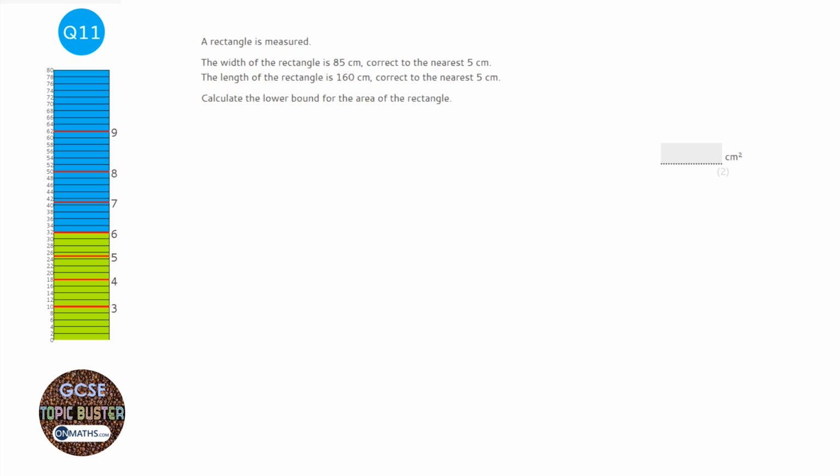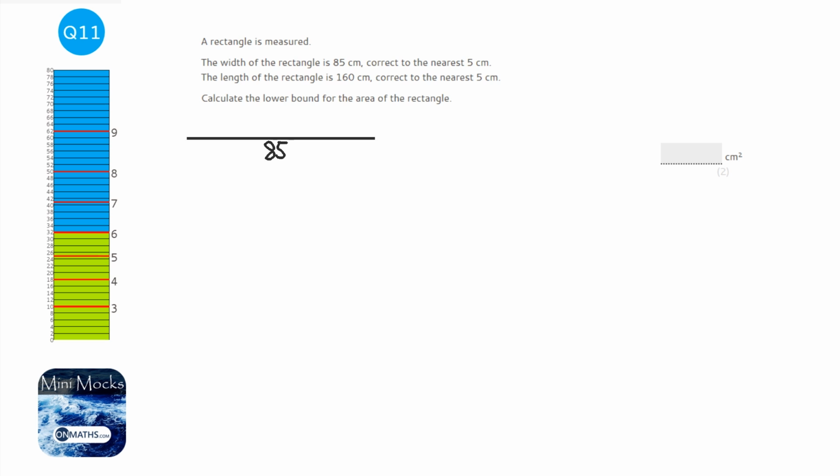Right, when working with bounds, the easiest way of thinking it through is just to do a quick number line, put the number that's been rounded in the middle, and try and figure out what the next one down is. Well, it's to the nearest 5, so the next one down is going to be 80. Now we could do the next one up, but it's asking for the lower bound, so we're only interested in the lowest possible values.